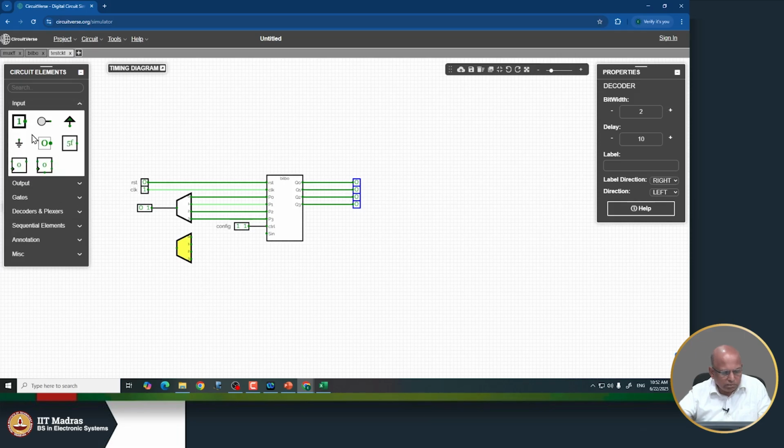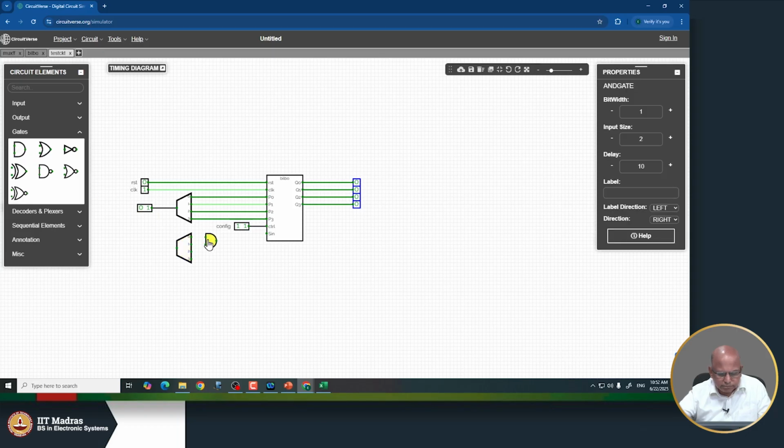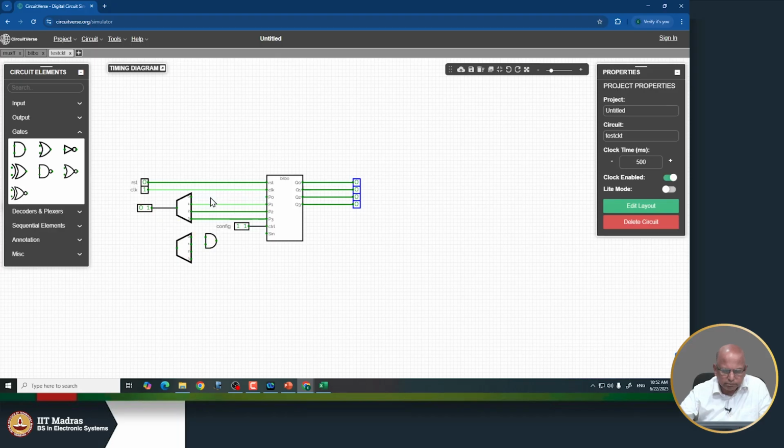So, let me put some random gates here. So, this is one output. It is completely random circuit.